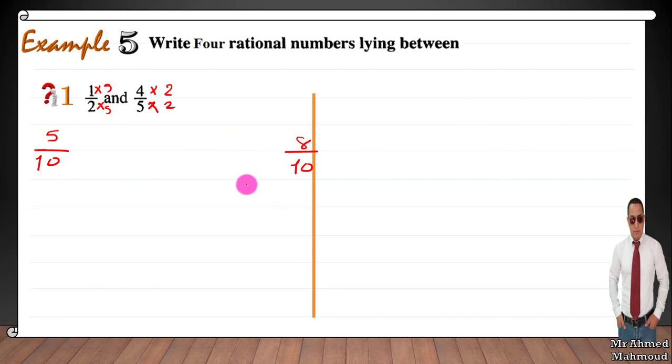Between 5 and 8, we have 6, 7 only, but I need 4 numbers. So I'm going to multiply up and down by 10, like this, and up and down here by 10. So it will be 50 over 100, and this is 80 over 100. These are the original numbers.